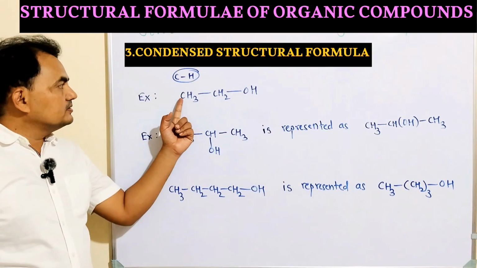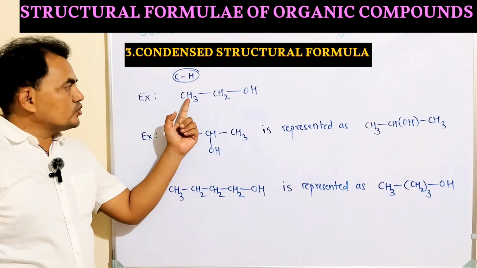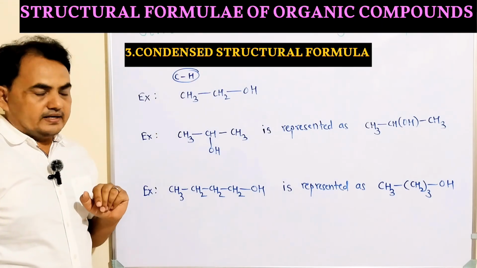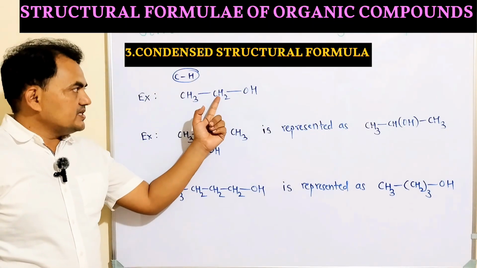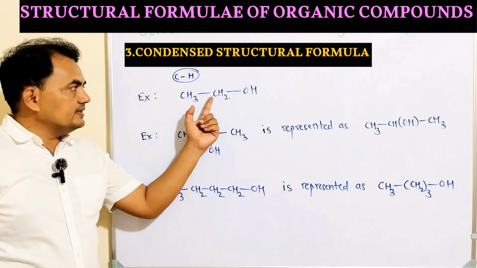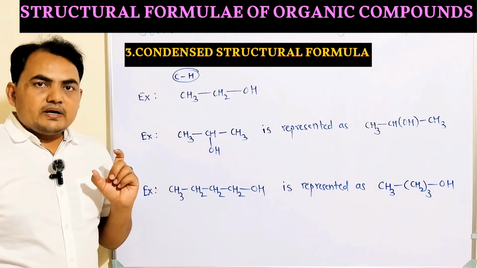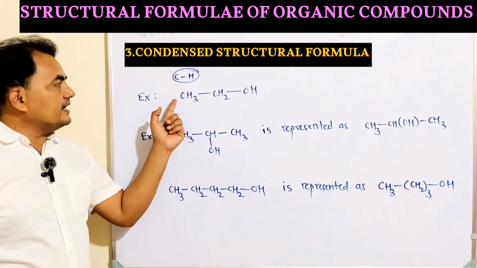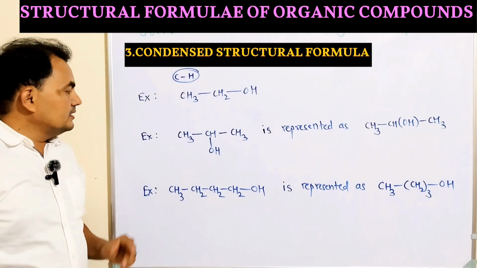We directly write it in the form of, suppose there are 3 hydrogens, we can write CH3 directly. Suppose there are two hydrogens, we can write CH2. So we do not represent the carbon-hydrogen bond separately, we directly write CH3CH2OH in this way. So this is an example.